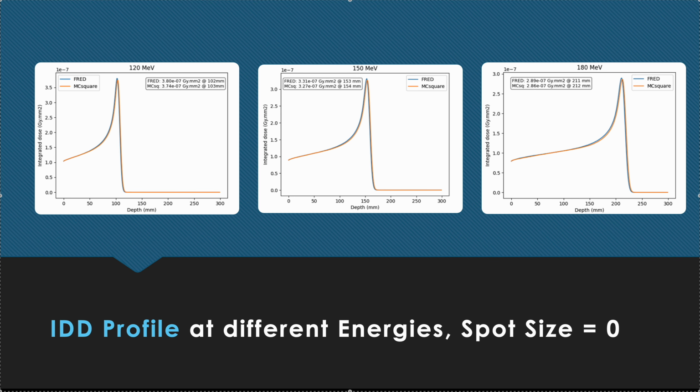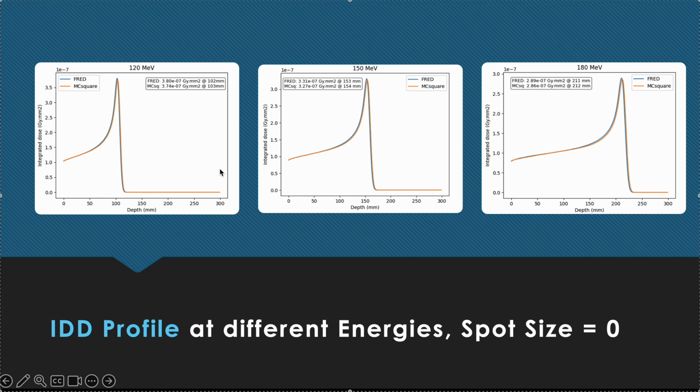Okay, also now I am showing you the integrated depth dose for various energies, for 3 energies. And what I find is all of them overlap very accurately. That means they validate each other quite accurately.